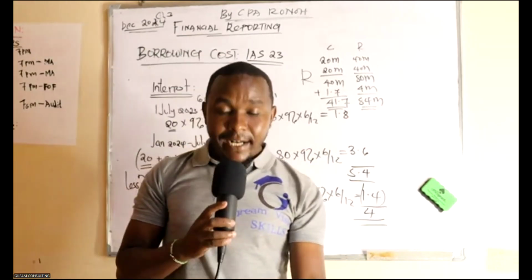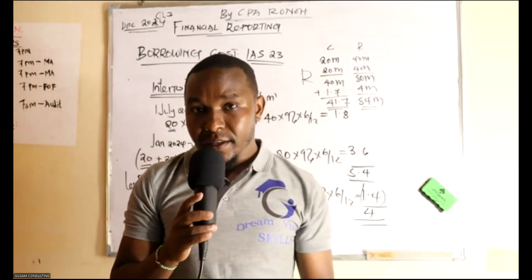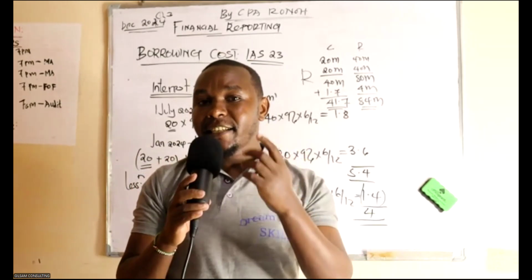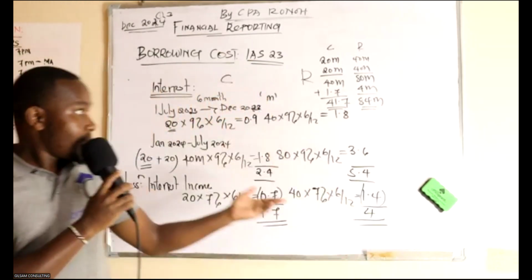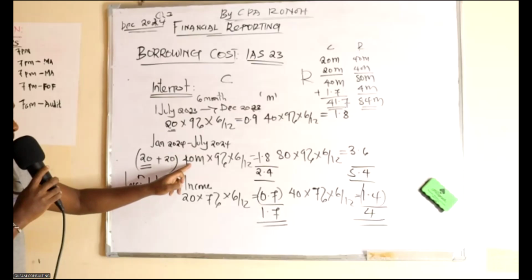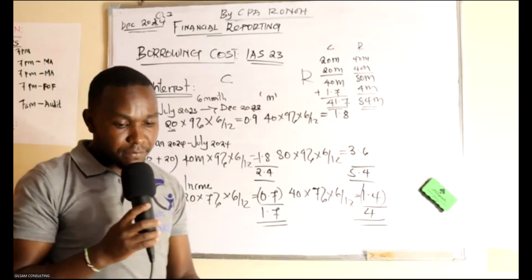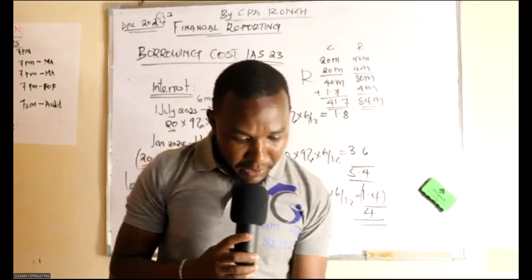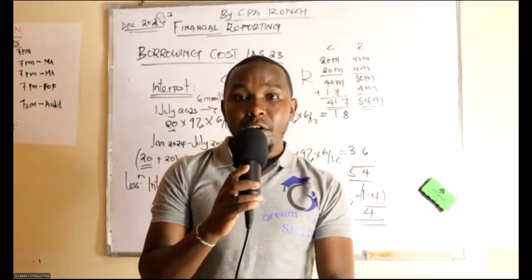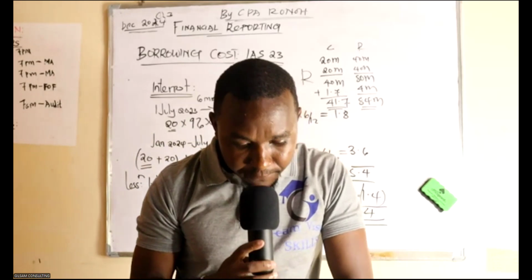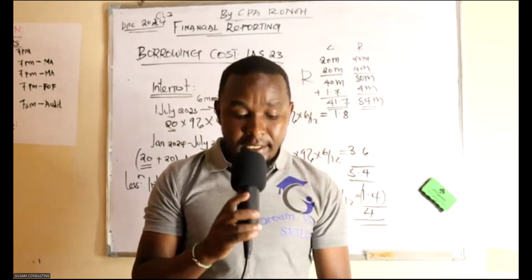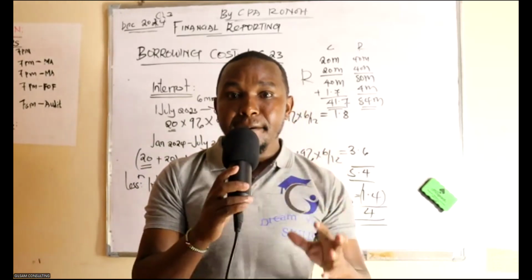If you look at that question keenly, the examiner only changed the name of the company and the values, but the questions remain the same. So if you go to the past paper, December 2012, question 5D, the examiner gave you the same question.